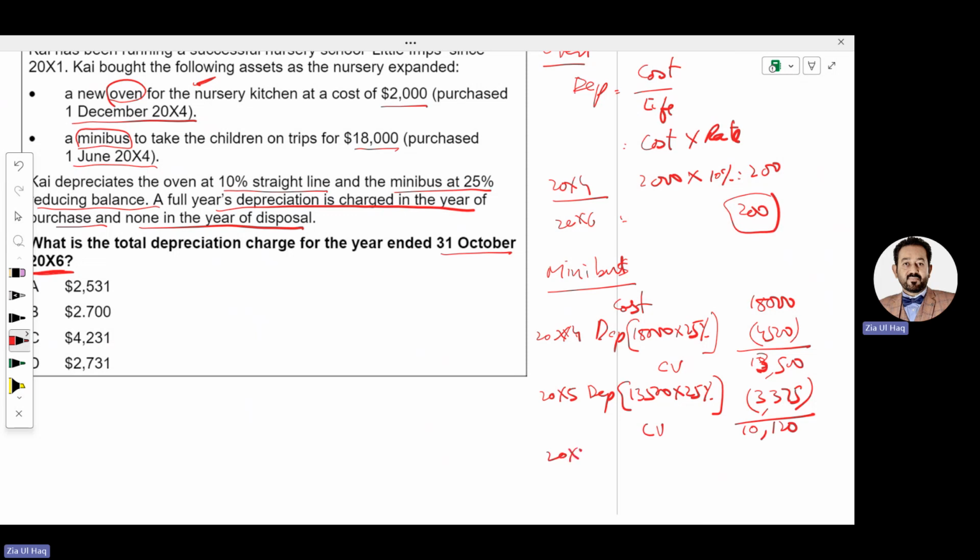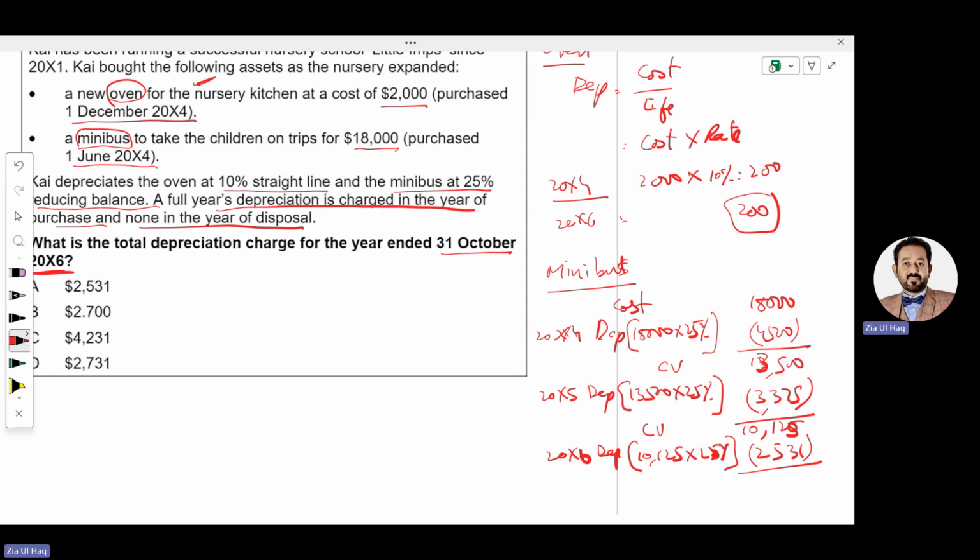And for 20x6, we will take 10,125 into 25%, 2,531.25.